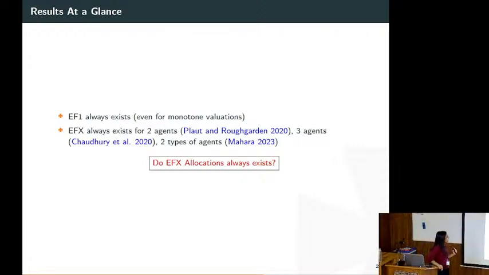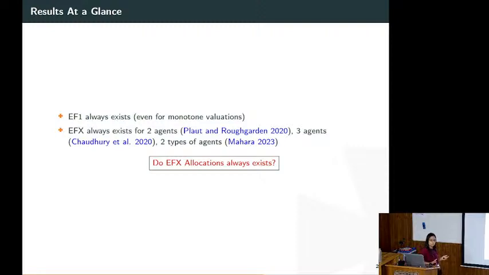But what we don't know is about the existence of EFX. Even beyond 3 agents, we do not know whether EFX allocations exist or do not exist. Even the existence question is open. There has been a lot of work going on recently on the existence of EFX allocations. People have looked at 2 agents.